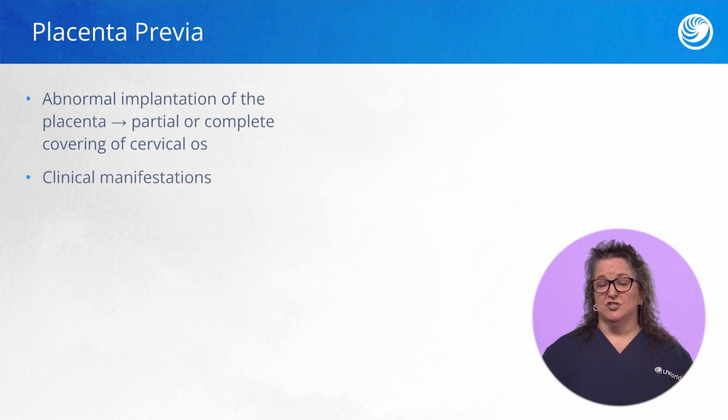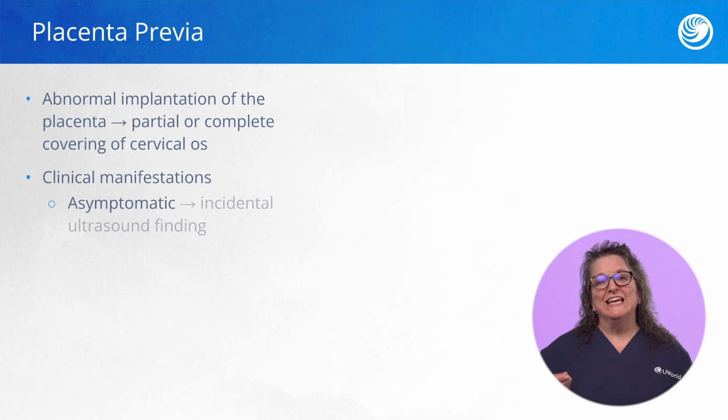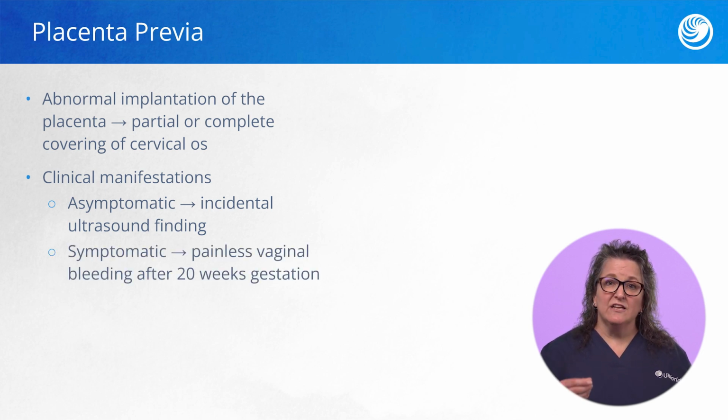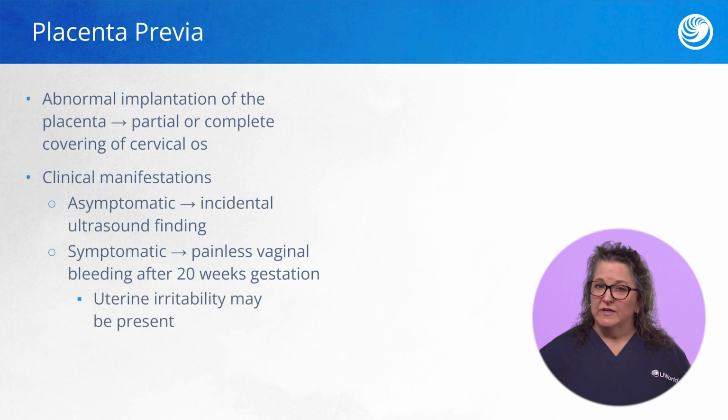Clinical manifestations. The client may be asymptomatic and it may be an incidental ultrasound finding. Or the client could be symptomatic with painless vaginal bleeding of bright red blood after 20 weeks gestation, and uterine irritability may be present.